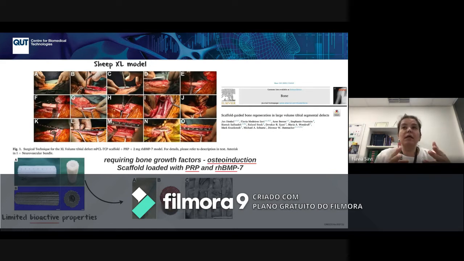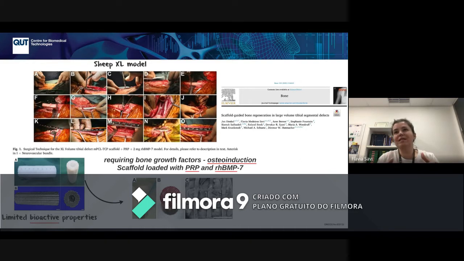However, these scaffolds have limited bioactivity properties. So you need to put something else to help the cells go inside of the scaffold. What we used in this study, we also used PRP, platelet-rich plasma, and also BMP7 to help induce bone formation.